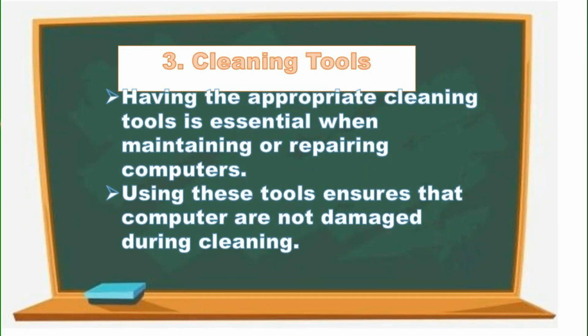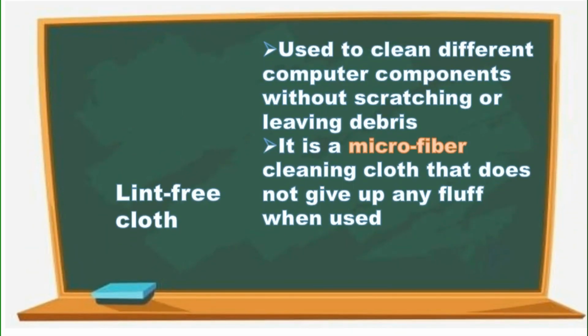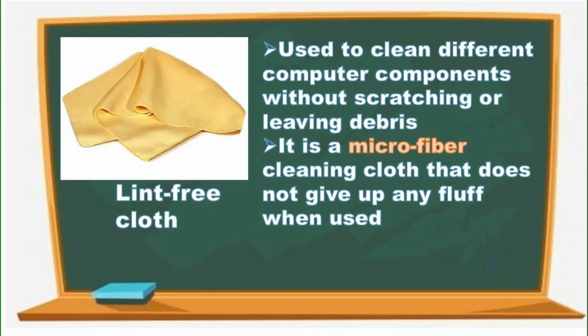The cleaning tools. Having the appropriate cleaning tools is essential when maintaining or repairing computers. Using these tools ensures that computers are not damaged during cleaning. Examples: lint-free cloth. It is used to clean different computer components without scratching or leaving debris. It is a microfiber cleaning cloth that does not give off any fluff when used.